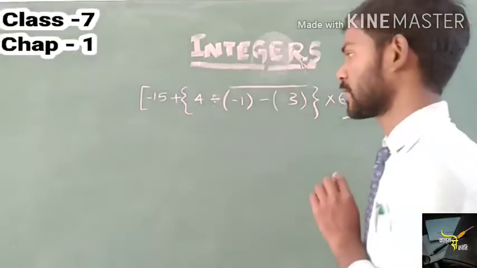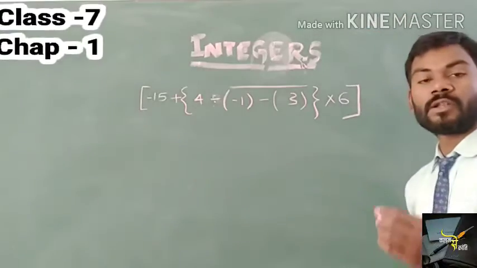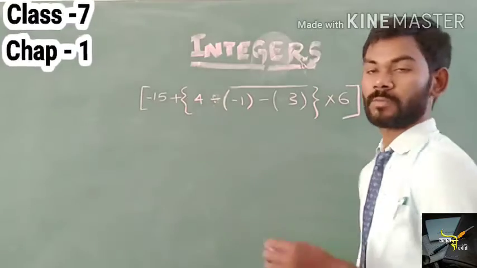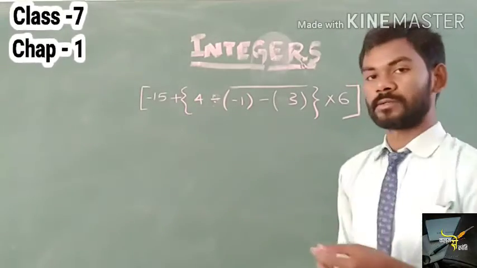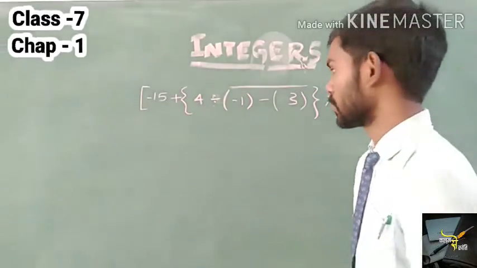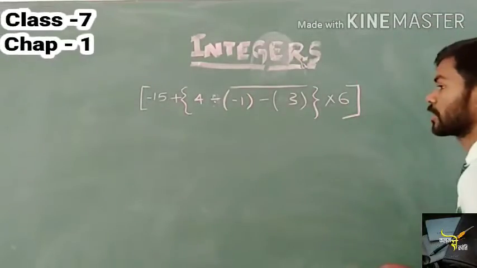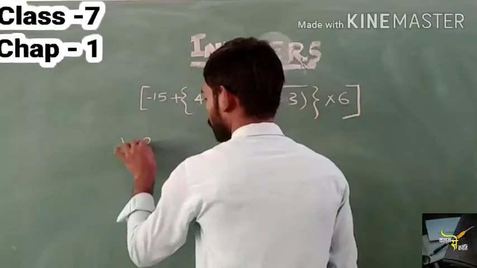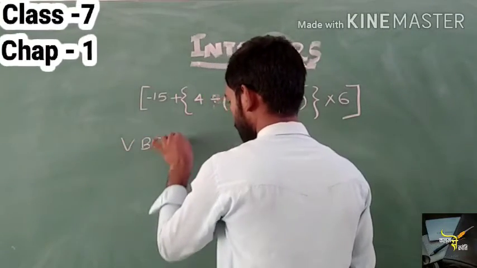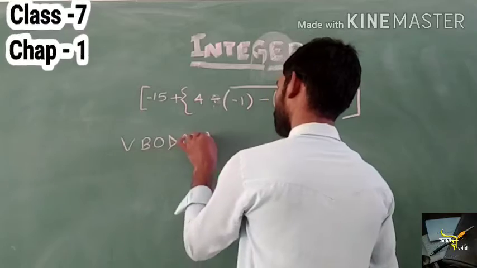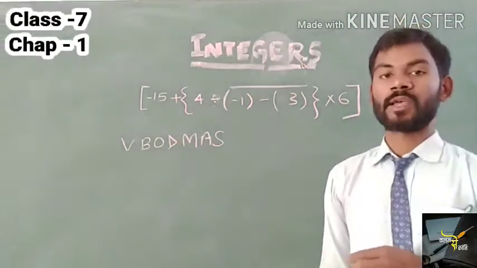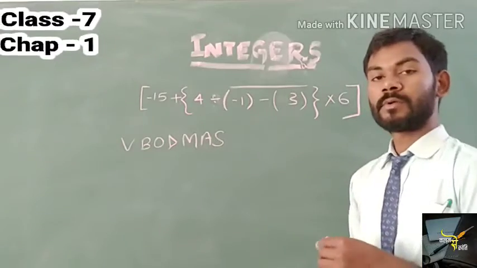Before starting the solution, first of all, let us see the rule through which we shall solve this question. The rule is that here we shall use VBODMAS. I have explained this rule many times.